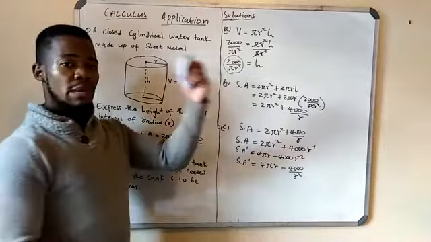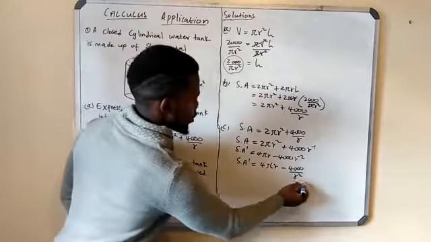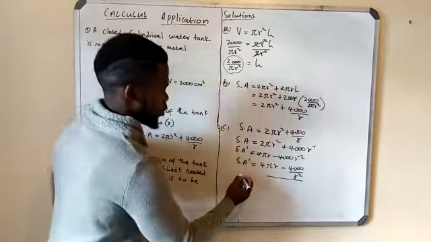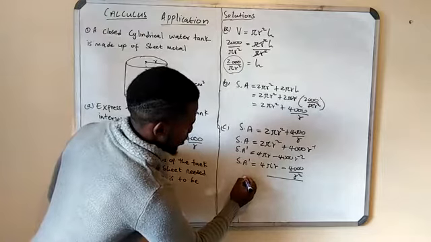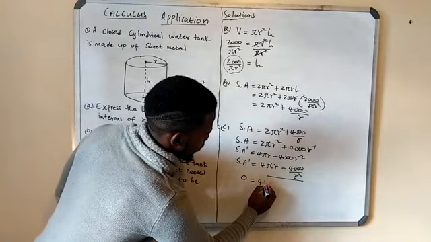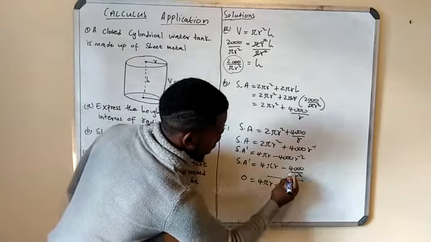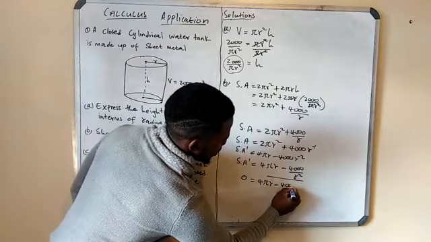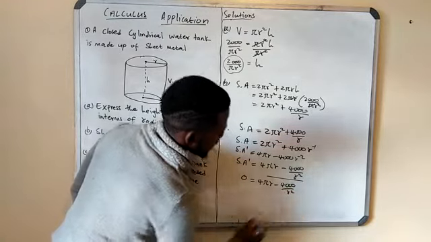And remember, for maximum and minimum, you equate this to 0. So we are going to have 0 equals 4πr minus 4000 all over r².